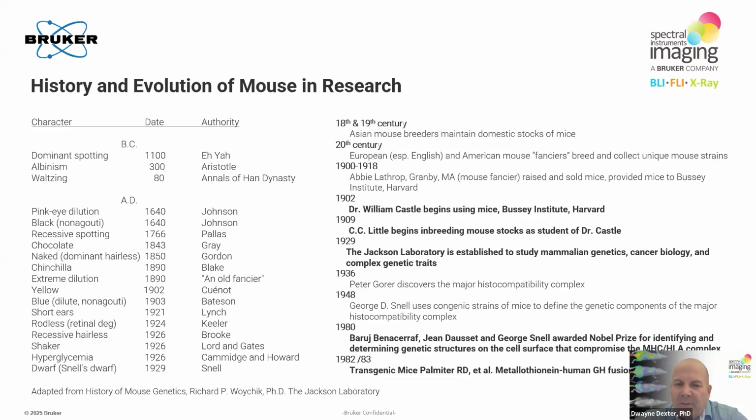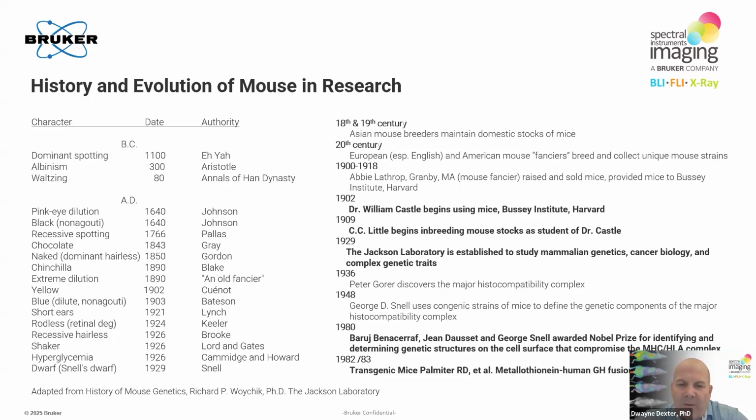And you can see some watershed moments for this early use of mouse in understanding mammalian genetics. George Snell and others won the Nobel Prize in 1980 for their early work in the 30s and 40s on identifying the major histocompatibility complex in mice and then translating that into human genetics.